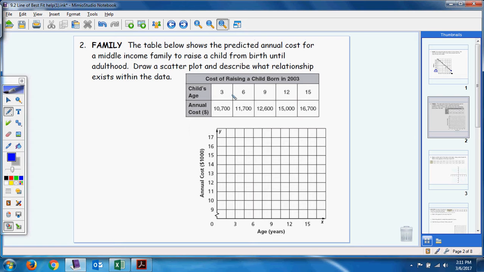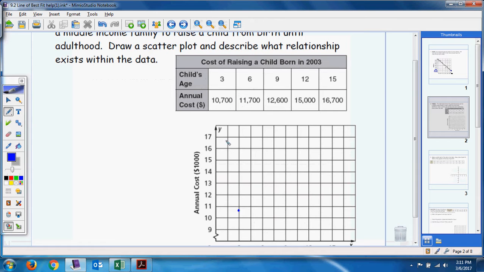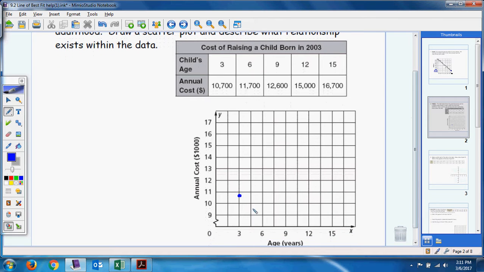Okay, so age of 3, and this is cost in 1,000, so that's almost 11,000. So 3 is just a little bit below that. So let me zoom in. 6 is 11,700, so it's almost 12,000. So a little bit, maybe right around there. 9 is 12,600.